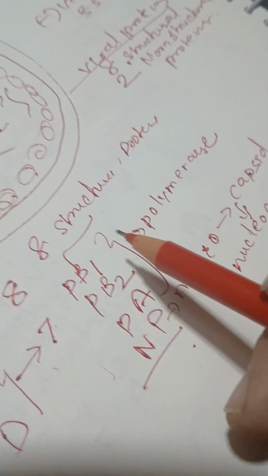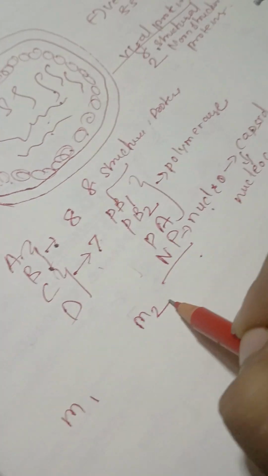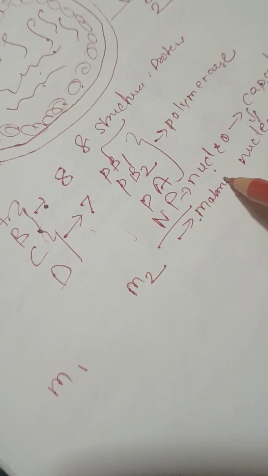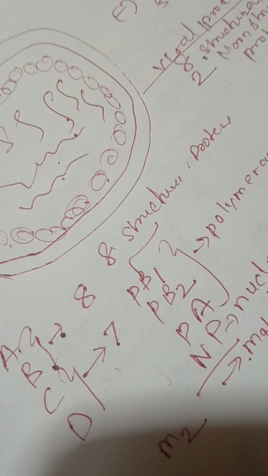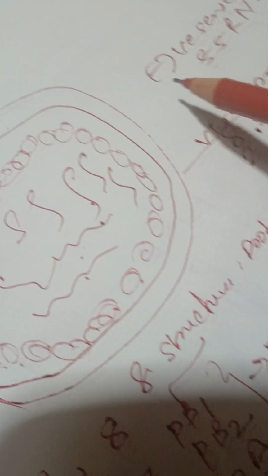Of the remaining 4 proteins, we have the M1 and M2 proteins. Now understand these M1 and M2 proteins. These proteins are also called matrix proteins because they code for the matrix of the virus. The matrix proteins lie underneath the envelope.